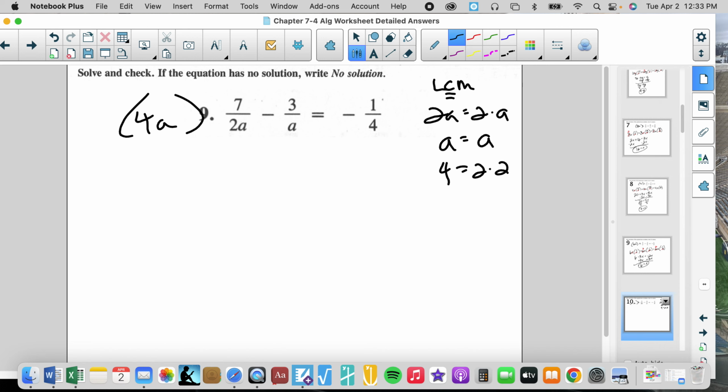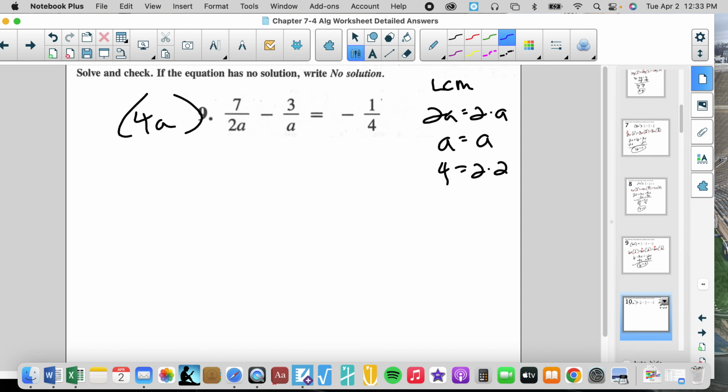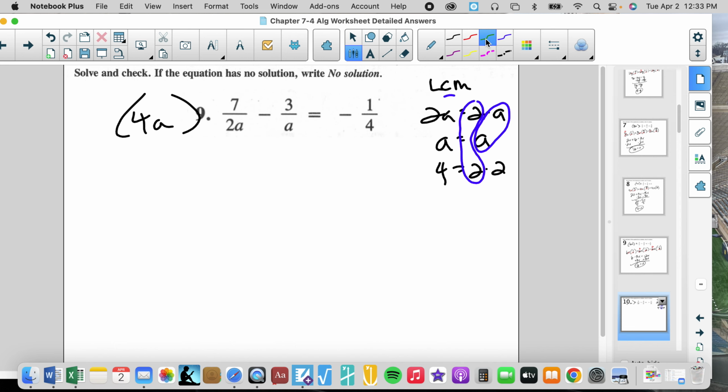So circle what they have in common. They have nothing in common across all of them, but then we have some similar amongst 2, and then we have the leftover, which is that. So my LCM is going to equal 2 times 2 times a, which is 4a. That's how we get it.